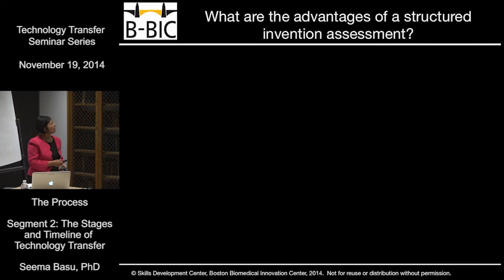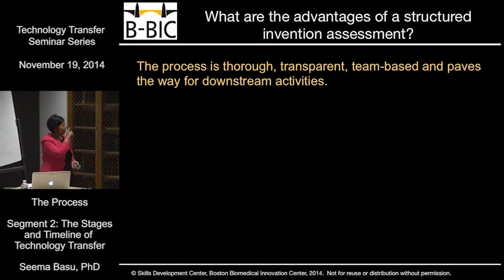So the process, as I described on the previous slide, you can see is extremely thorough. It tries to understand all the issues around the invention, the positive and the negative. It is transparent. For most tech transfer offices, it's a very team-based approach.